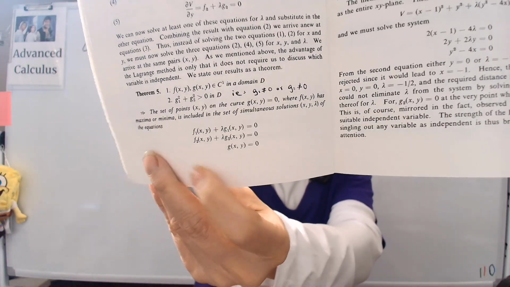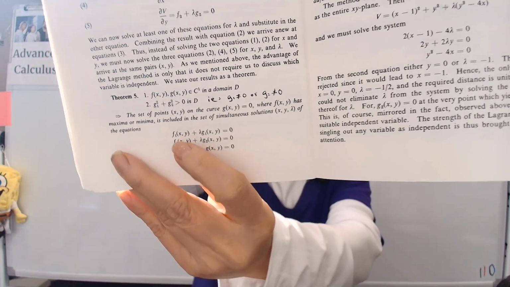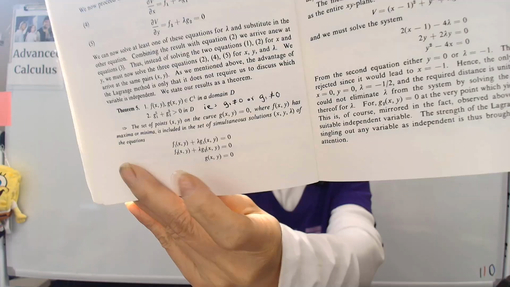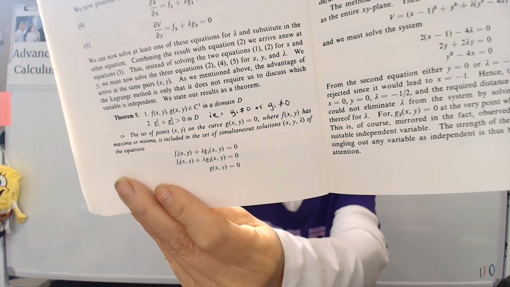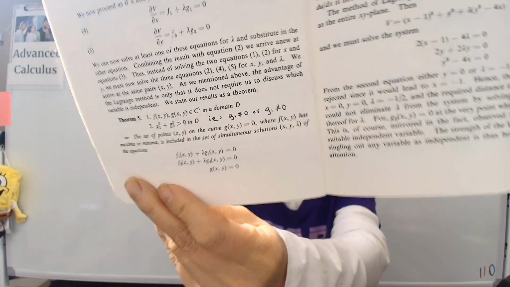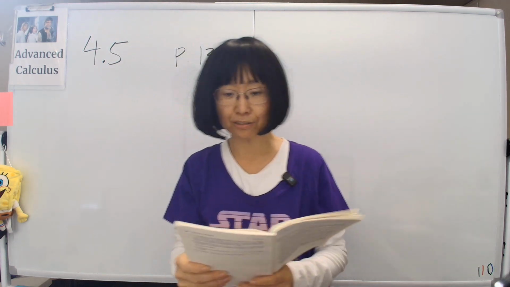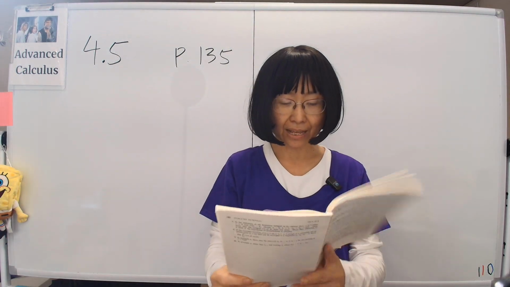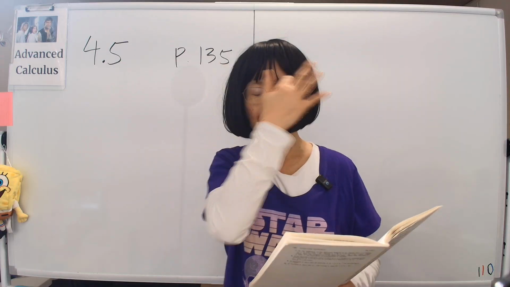And then we can do this lambda trick. There's the first one and the second one, and then the original g equation. So then we end up with 3 equations and 3 unknowns, and they are often easier to manage than the old way. So that's what we're going to do in this section.